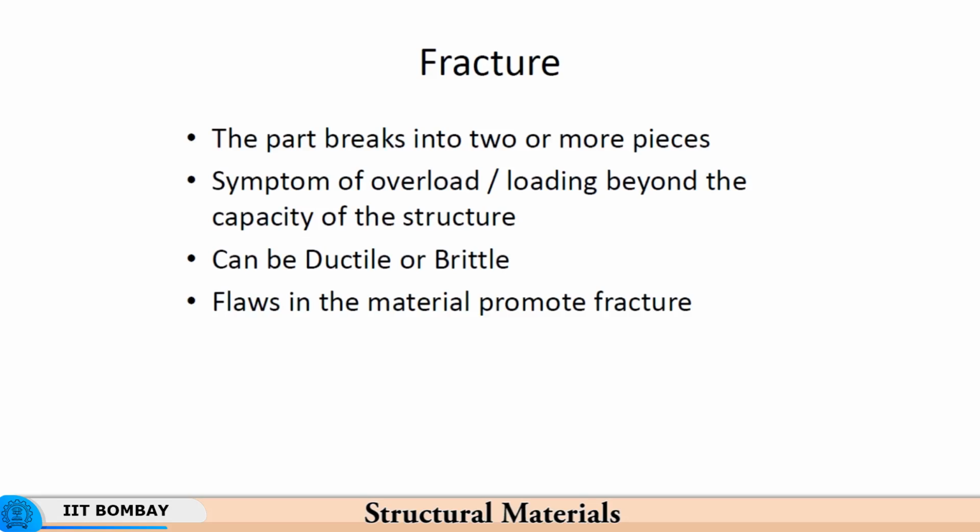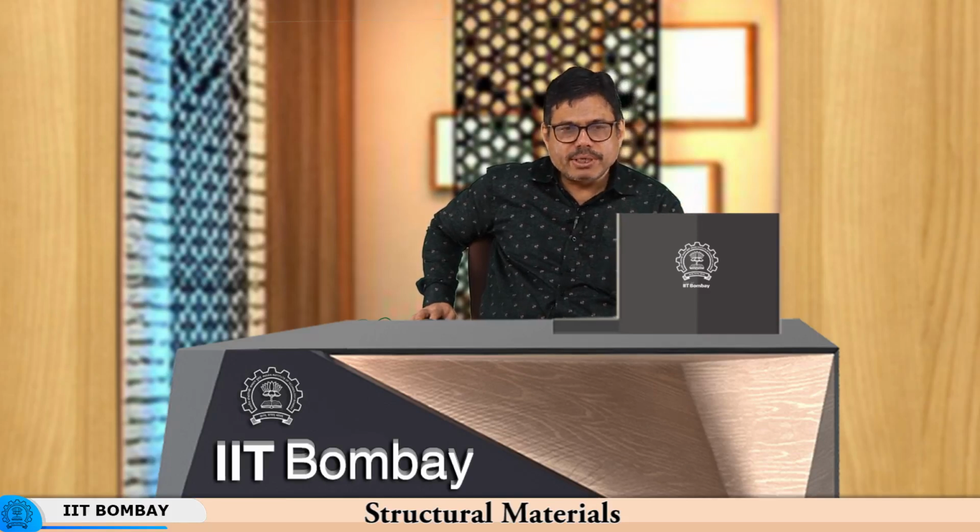So that is the reason why we need to study fracture, and it can be either a ductile fracture or a brittle fracture. A ductile fracture is something that does not take place all of a sudden. It gives you some indication earlier, that is, there is some permanent elongation. Normally a structure is not supposed to elongate permanently, it is supposed to undergo only elastic deformation, meaning recoverable deformation.